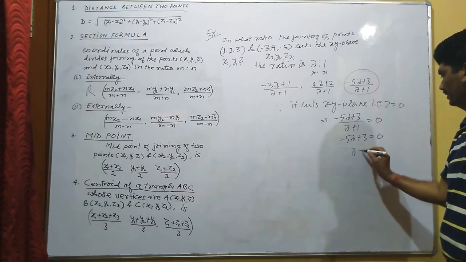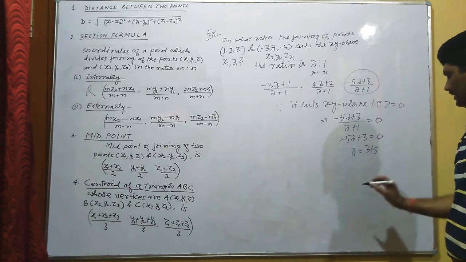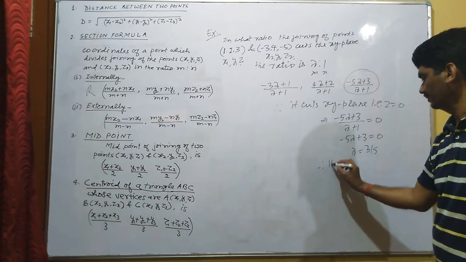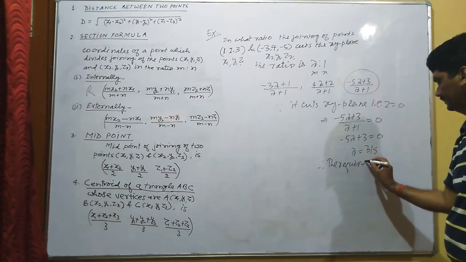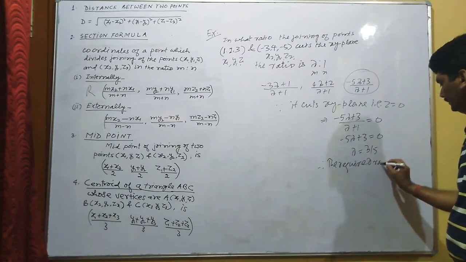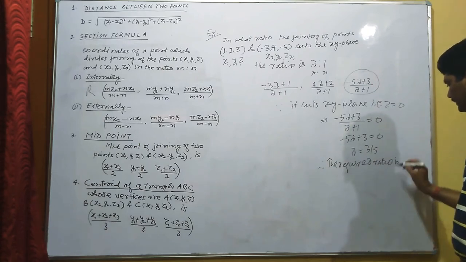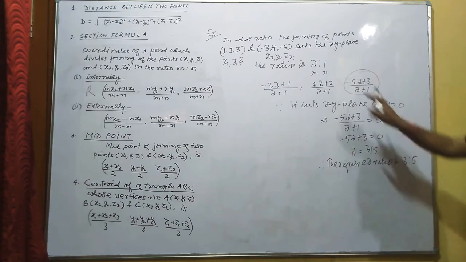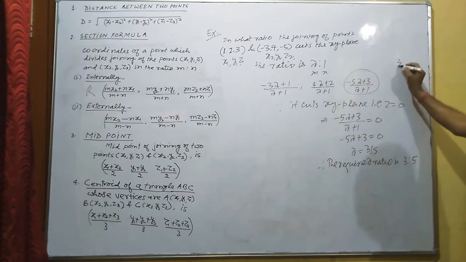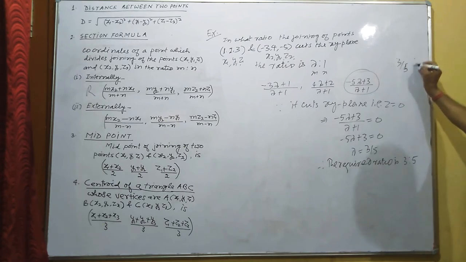So lambda equals 3 upon 5. That is, the required ratio is 3:5. Since this is lambda is to 1, 3/5 is to 1 means 3:5.